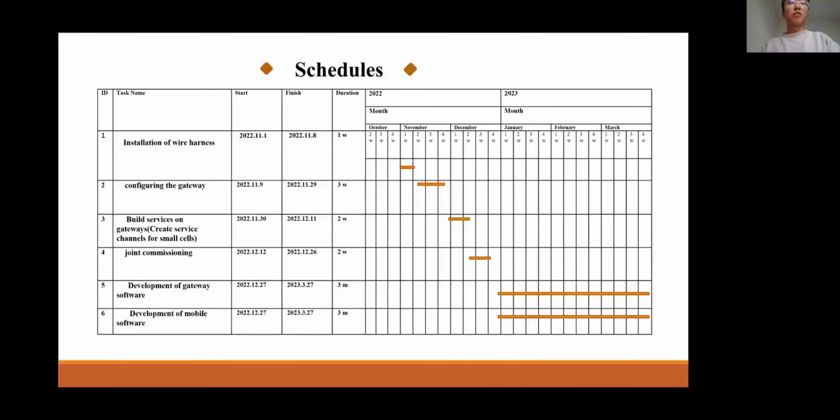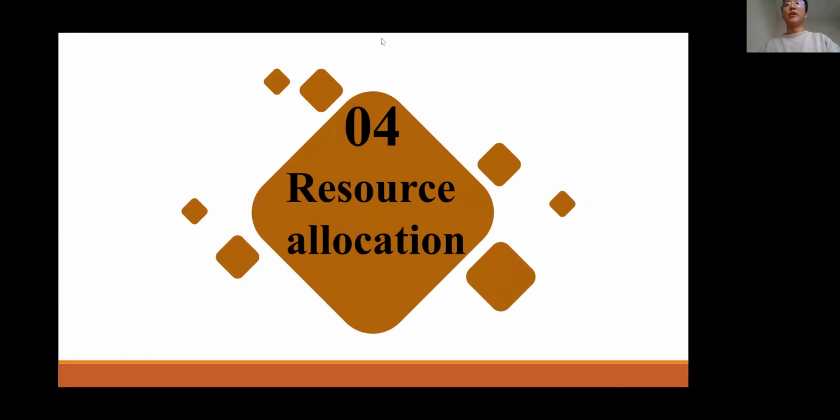The fourth mission is the joint commissioning, which will cost us 2 weeks. The fifth and sixth missions will be carried out at the same time: development of the gateway software and development of the mobile software, which will both cost us 3 months. Now, for the fourth part, I will introduce Xiao Qiyuan to talk about it.